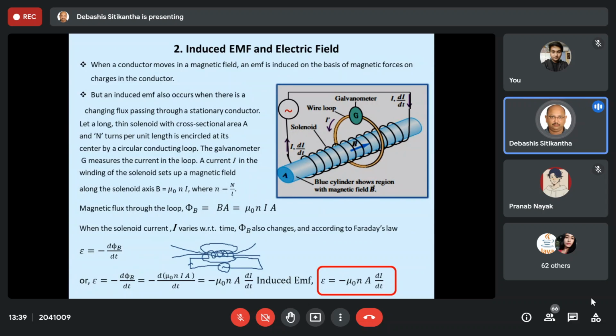That means at one point of time this is going to be a north pole and this is going to be a south pole. In the second half cycle, this one becomes south pole and this one becomes north pole. And moreover, the magnitude is also going to vary sinusoidally. Why is it so? Because the input current is like this.